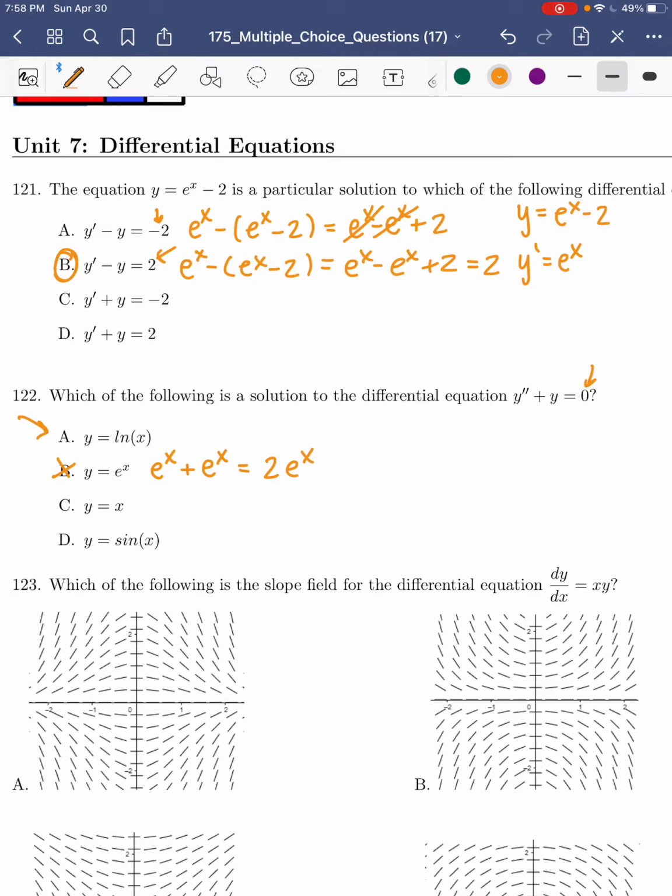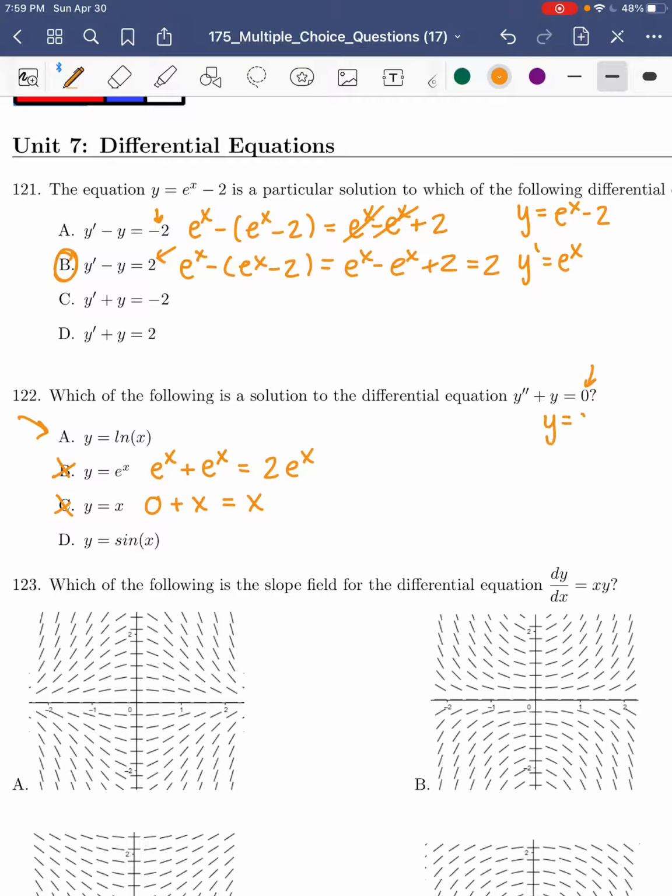For C, my first derivative would be 1. My second derivative would be 0. So 0 plus x equals x. That does not equal 0, so it's not C. Now for D, I'm going to write it out.